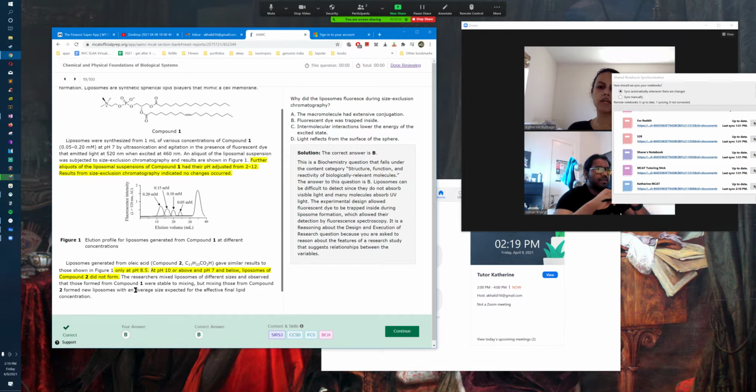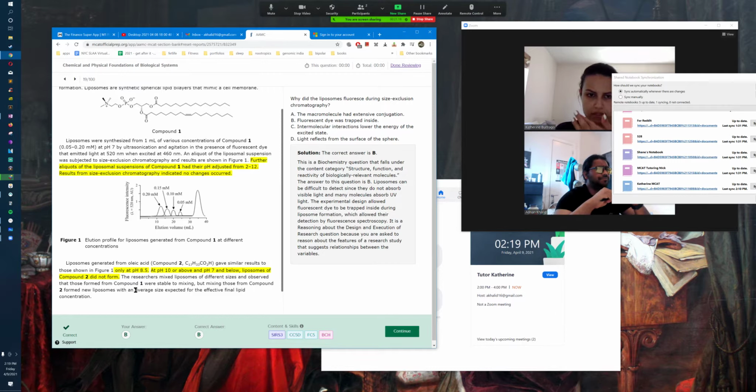Would intramolecular interactions affect that? No, nothing will affect it unless you're blocking it with something like titanium or tungsten. So it's definitely not C.